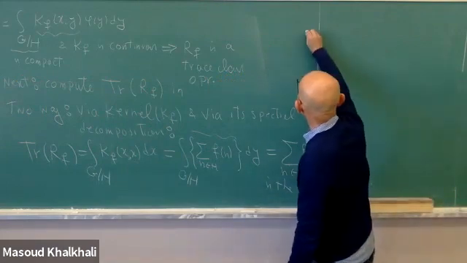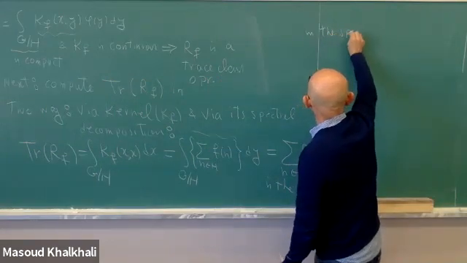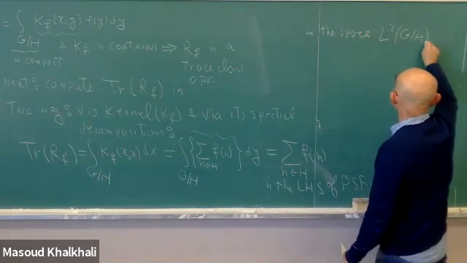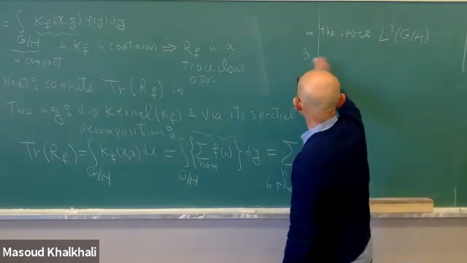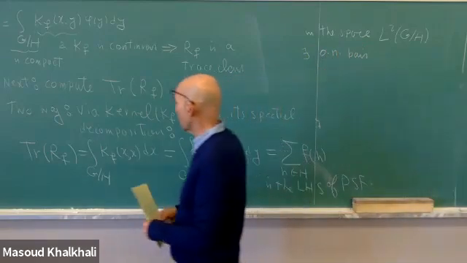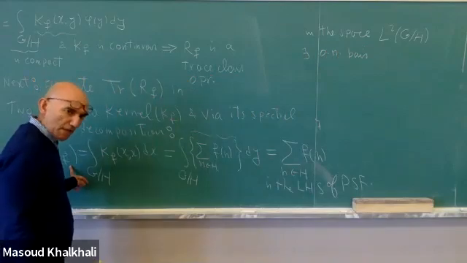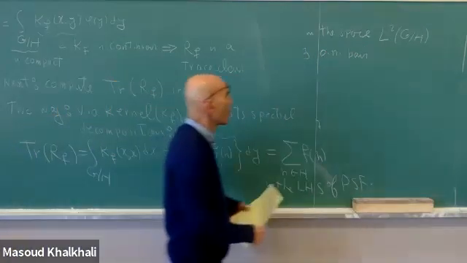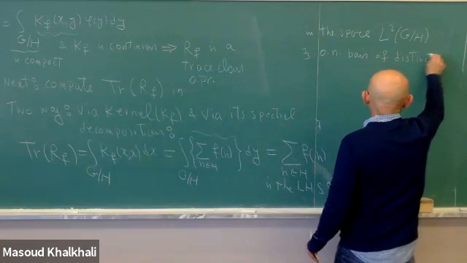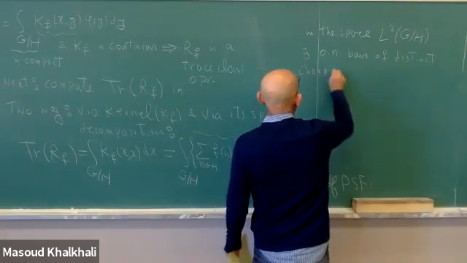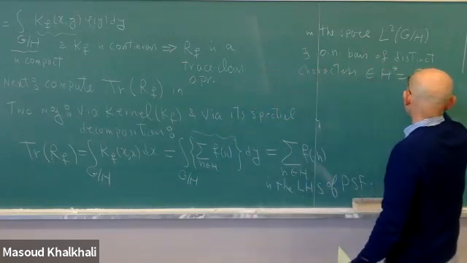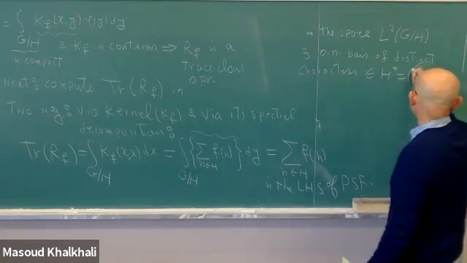In the space L2 of G mod H, there exists an orthonormal basis of distinct characters that belong to the dual group, G mod H hat.